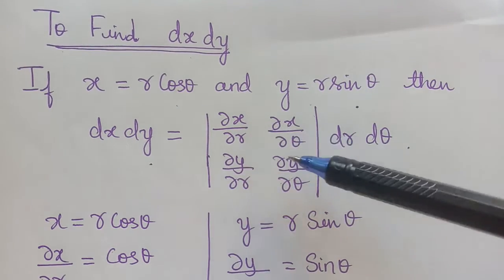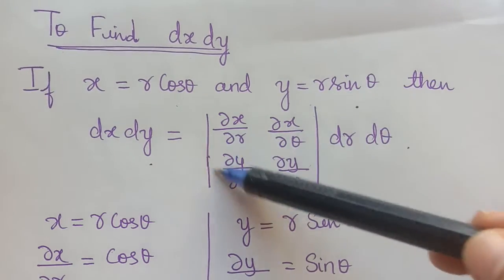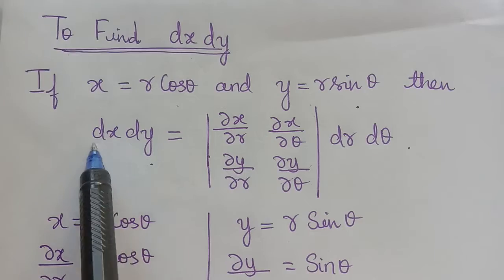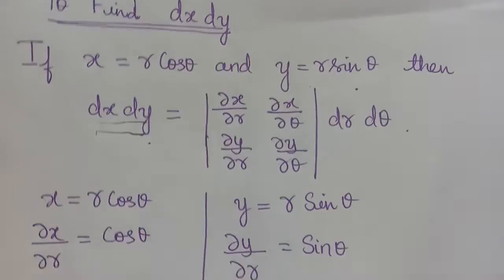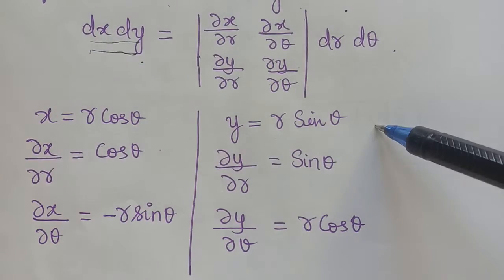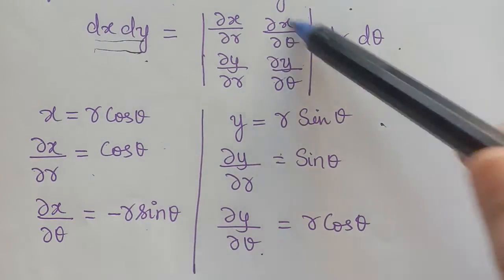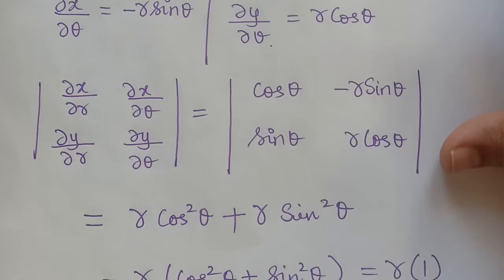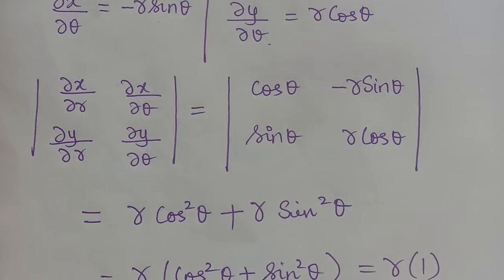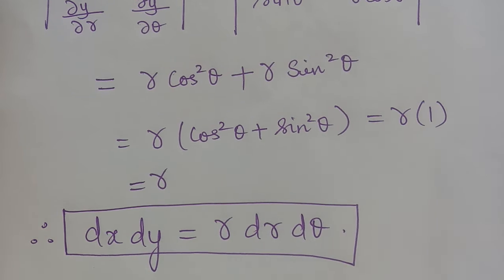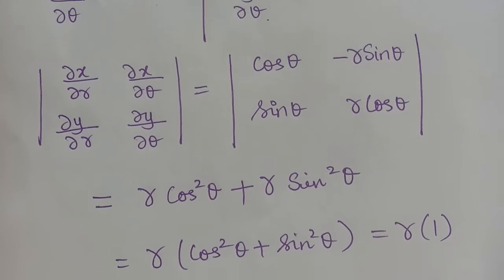So Jacobian of x and y with respect to r and theta I have written here, multiplied with dr d theta. So this is how we will be finding dx dy, where x is r cos theta, y is r sin theta, using which we will find the required derivatives for the Jacobian, and then we will be substituting in the Jacobian and we get dx dy to be equal to r dr d theta. So I have just shown you how we are getting this.